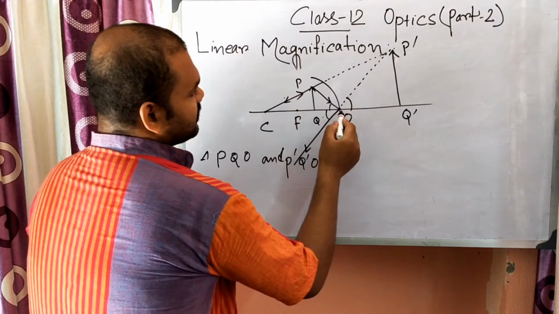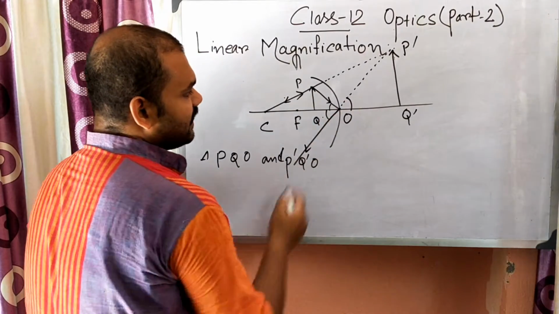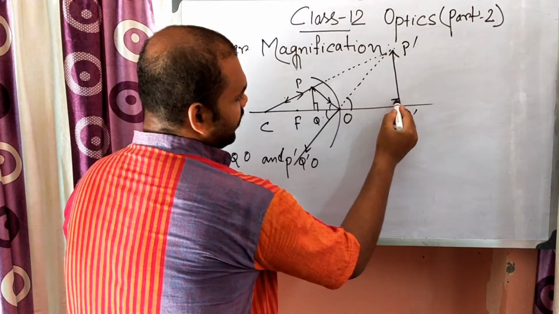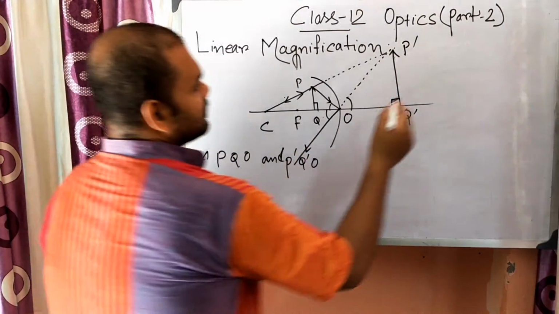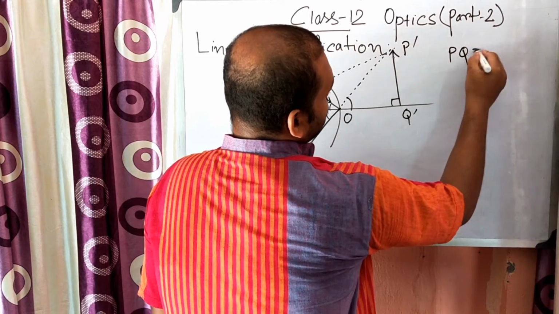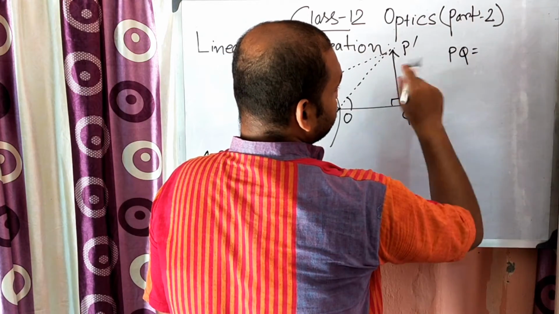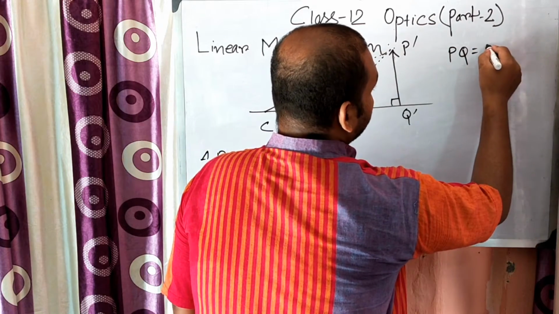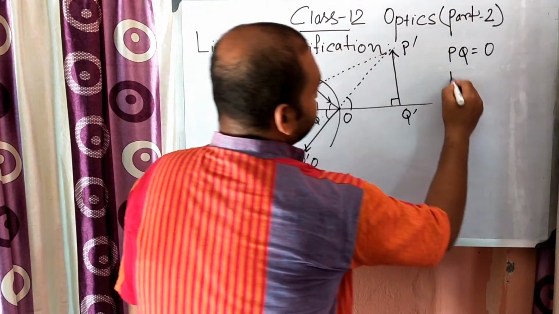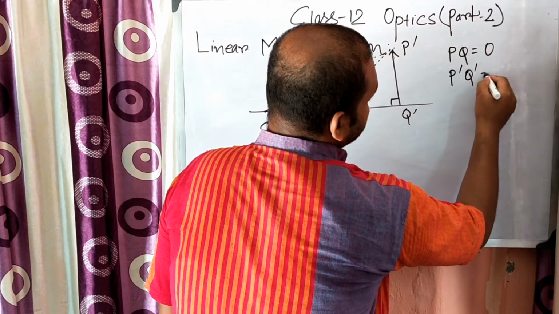So in this case this O angle, this angle and this angle are the same, this is 90 degrees, this is also 90 degrees, so these two triangles are similar. Now let us write PQ, that is the object, P prime Q prime is the image.